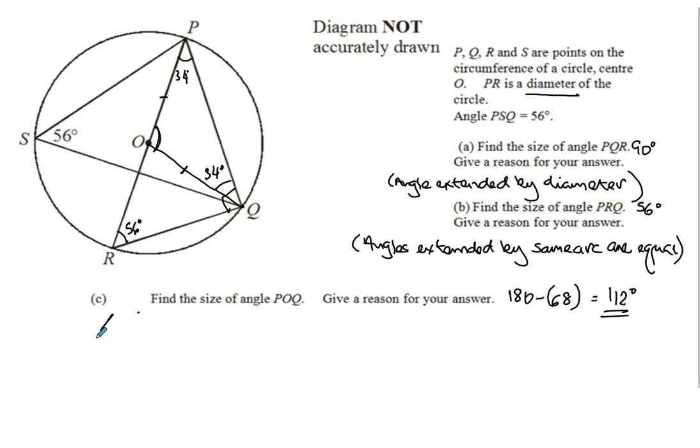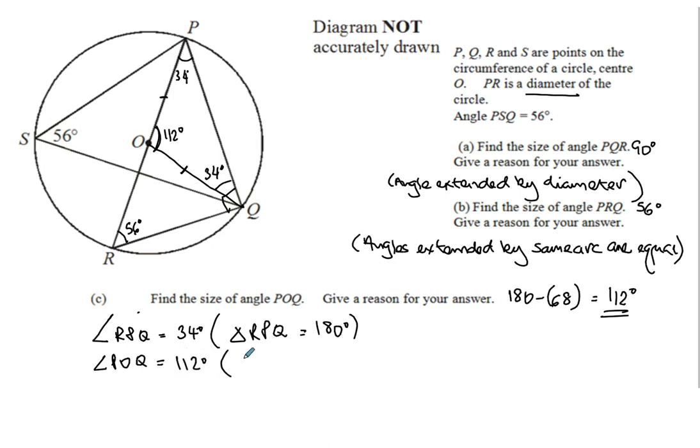So the reason it was 34 is angle RPQ equals 34, and then you say triangle RPQ equals 180, so all angles in a triangle add up to 180, and then you say angle POQ equals 112, and triangle POQ isosceles, 2 radii. Okay, yeah, all right.